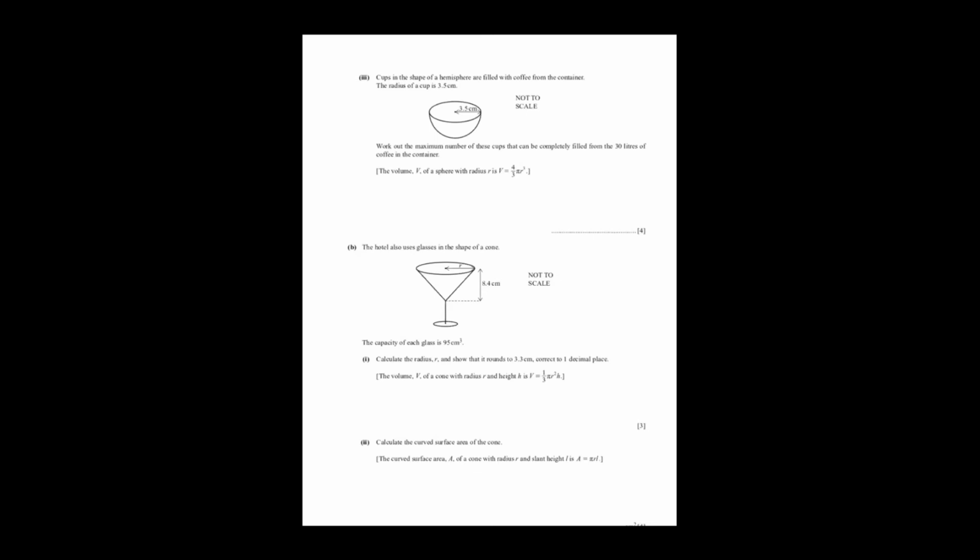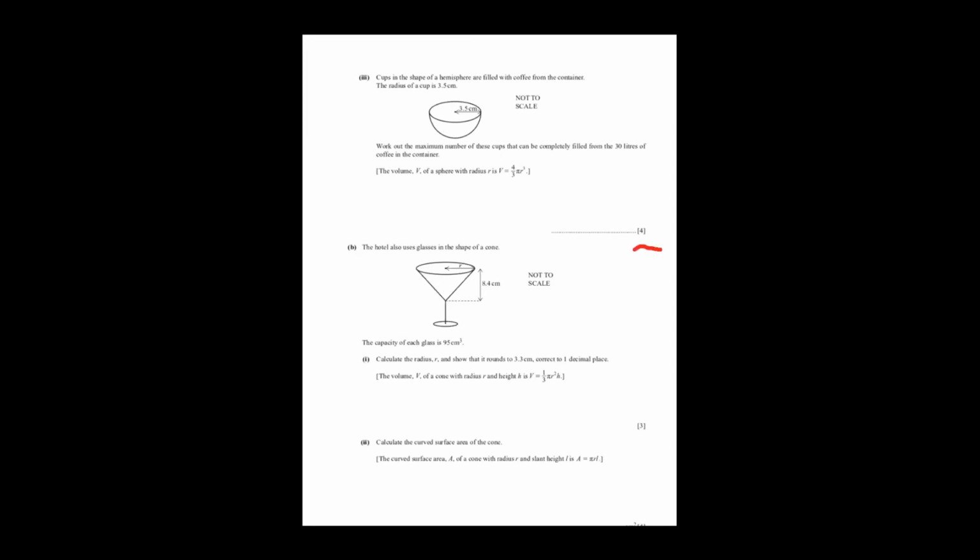We know the total volume of coffee is 30 liter, that is 30,000 centimeter cube. We know the individual volume of this cup. So the total volume divided by the volume of one cup will give the total number of cups. I will write this equation.